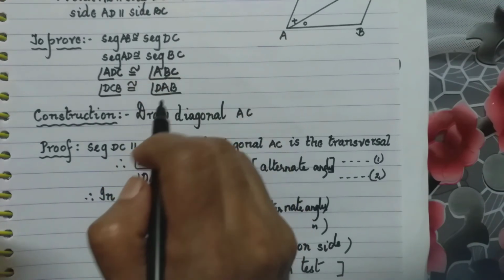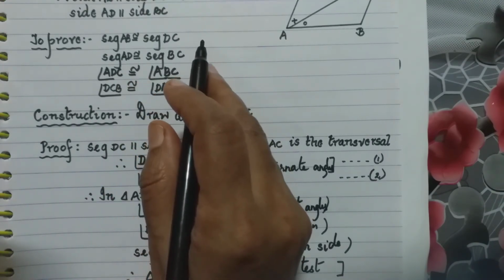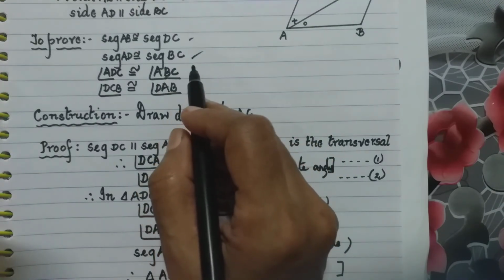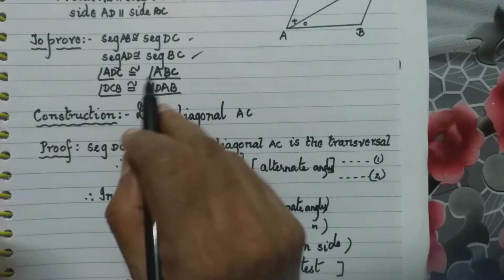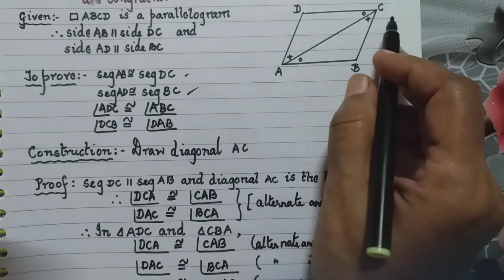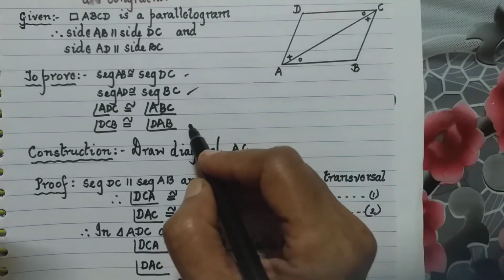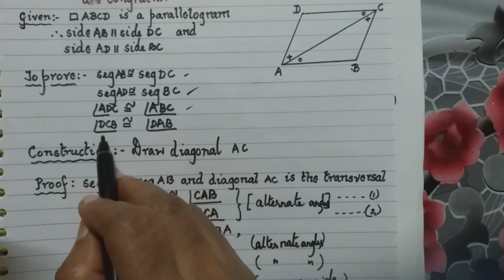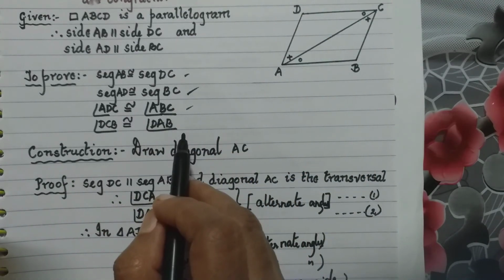So now let us look at what we had to prove. We proved that segment AB is congruent to segment DC. We also proved that segment AD is congruent to segment BC. Also we proved that angle ADC is congruent to angle ABC. Similarly we can prove that the last pair of angles are congruent.